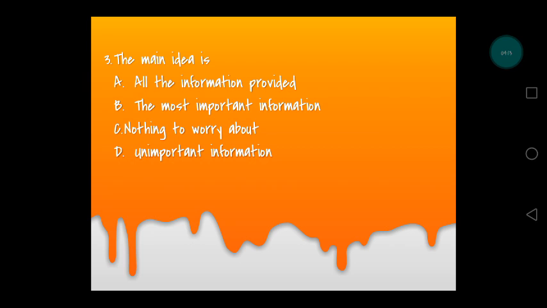Next question. The main idea is A, all the information provided. B, the most important information. C, nothing to worry about. D, unimportant information. 1, 2, 3, 4, 5. The correct answer: the main idea is the most important information.